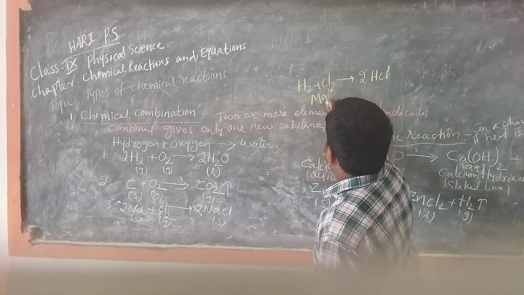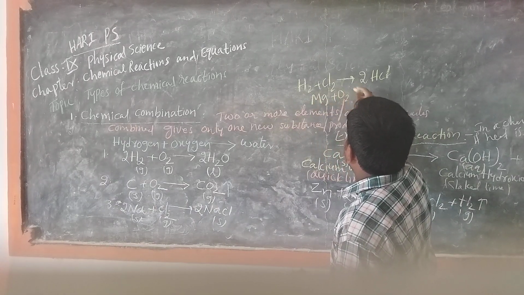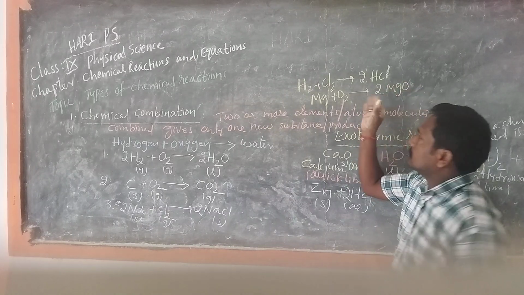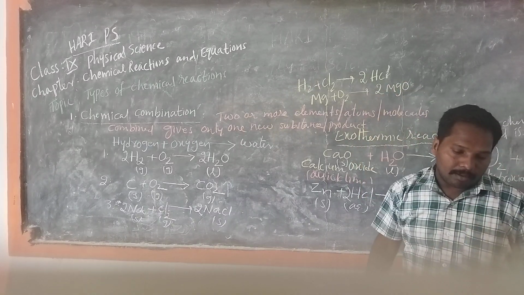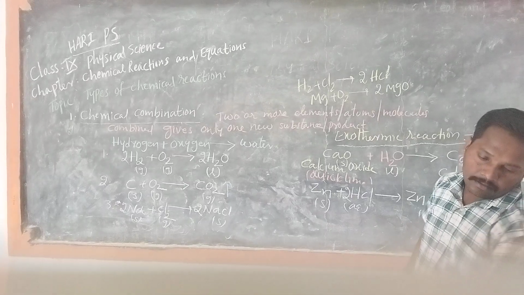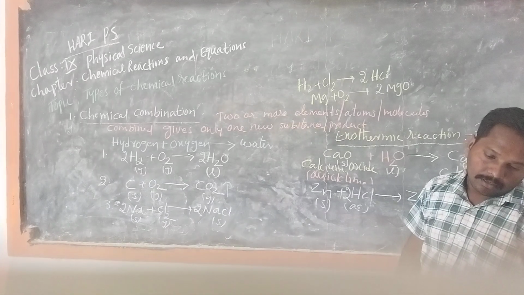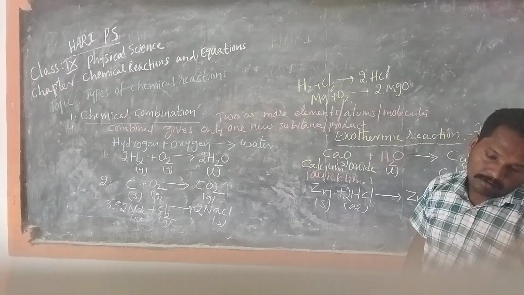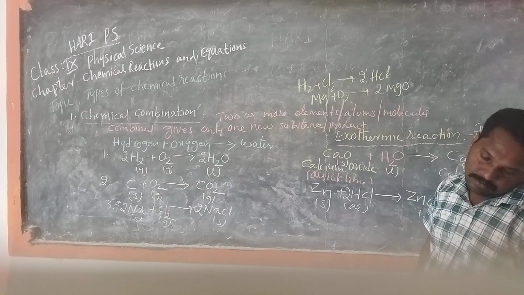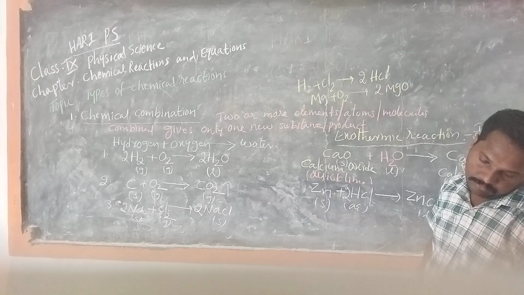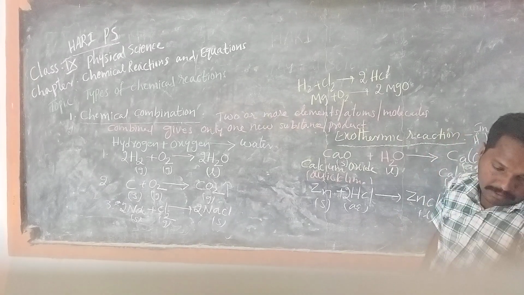Similarly, if magnesium combines with oxygen, it gives magnesium oxide, also an example of chemical combination.